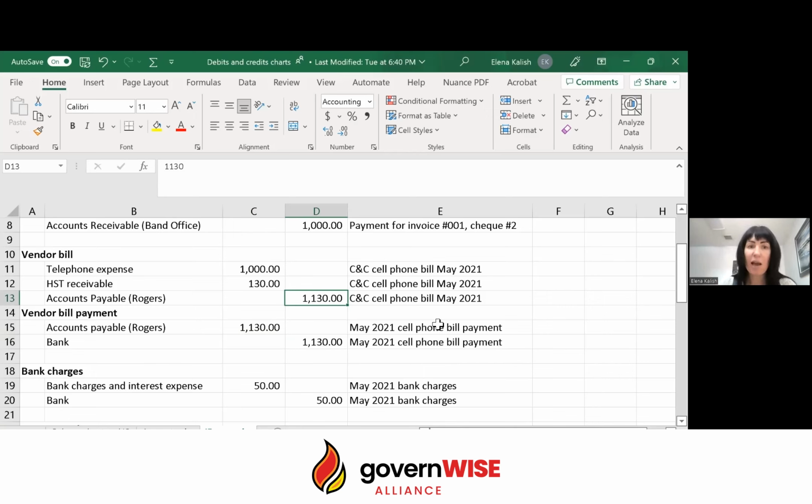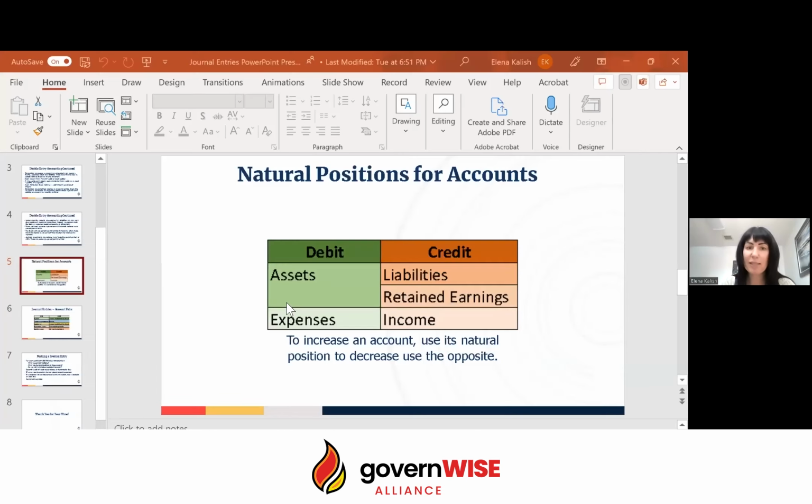So again, our expenses natural position, let's go back to our little cheat sheet here. So expenses natural position is debit, right? We're increasing expenses. Accounts payable, which is a liability, natural position is a credit. And then HST receivable is an asset because I will get that money back in the future.